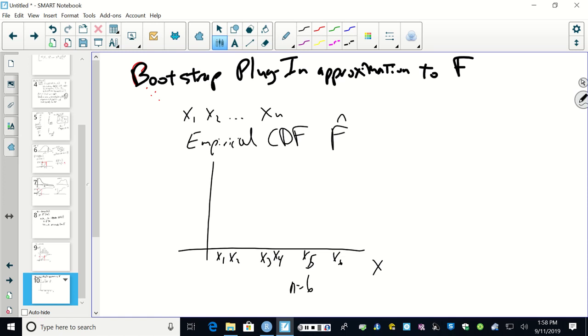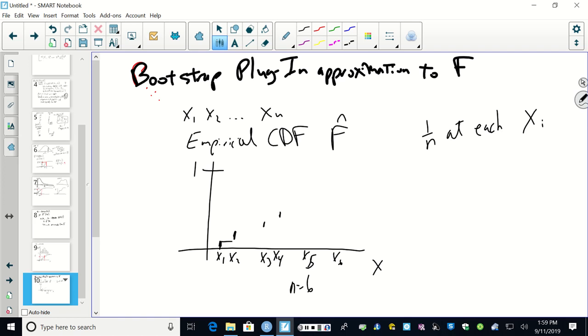Right, so we're going to take 1 over n height. We're going to jump up 1 over n at each value of x sub i that we have. We're going to get a little step function that way. It has to go up to 1, so we're going to have a little jump up here, and another little jump here, and another jump here, and another little jump here.